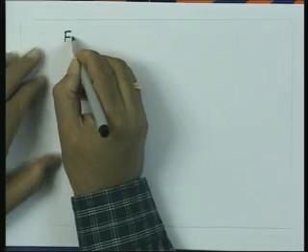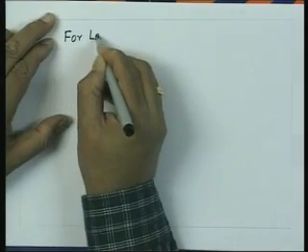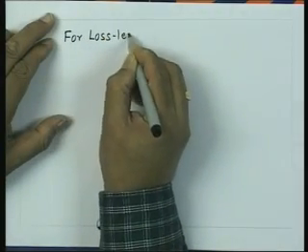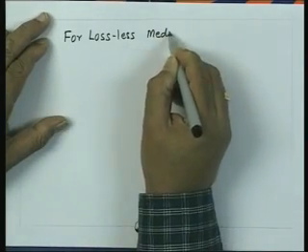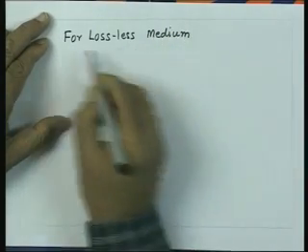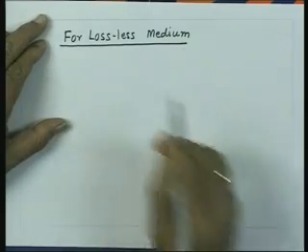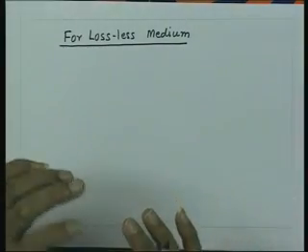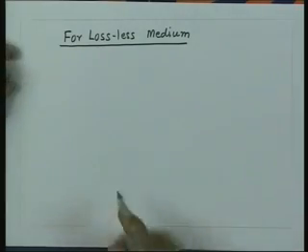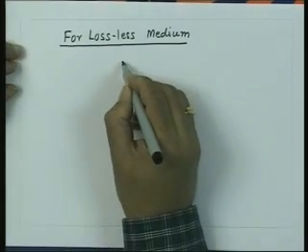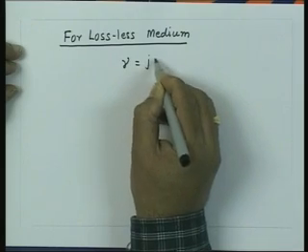So if I consider a lossless medium, that means the conducting boundaries are ideal. The medium which is filling this pipe or this waveguide is also an ideal dielectric. So for this we have gamma equal to j beta.